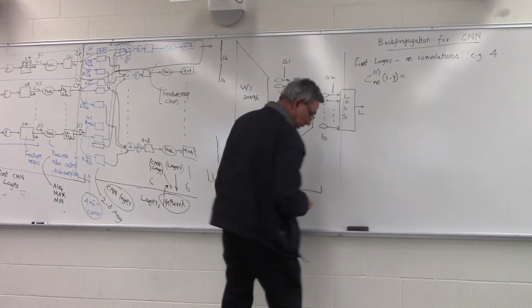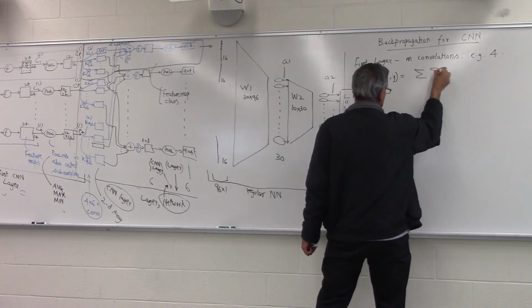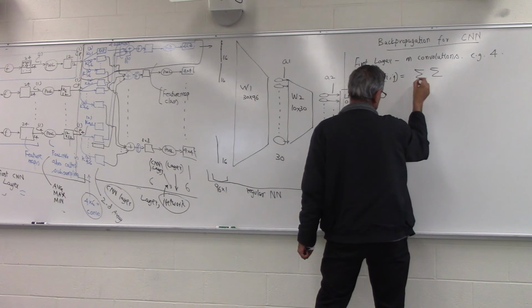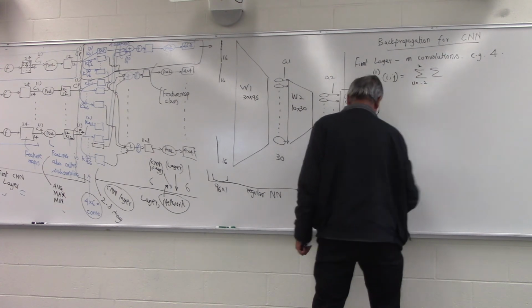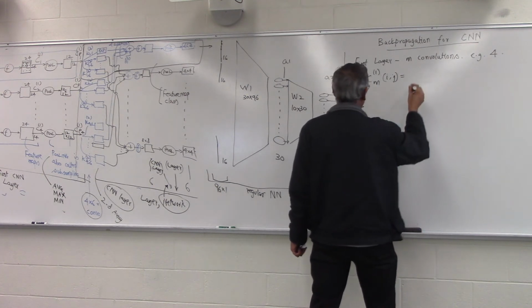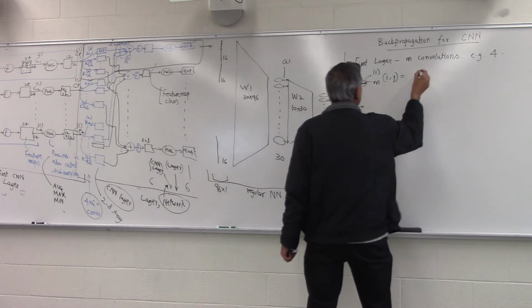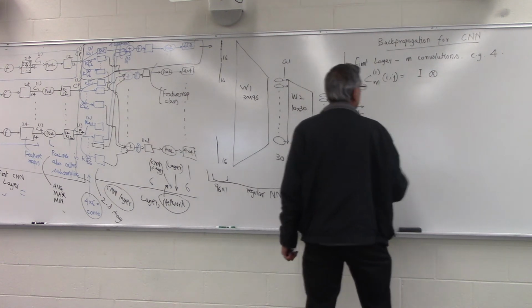Ij, so won't that be equal to, as we discussed, a double summation, let's say u equal to minus 2 to 2. First let me write it in plain English. This is basically a convolution of I with a kernel.